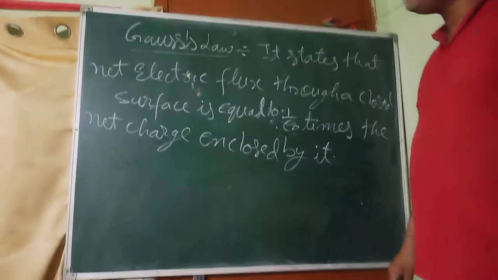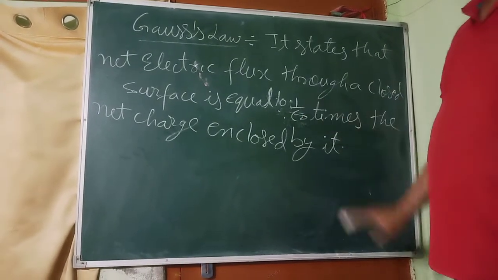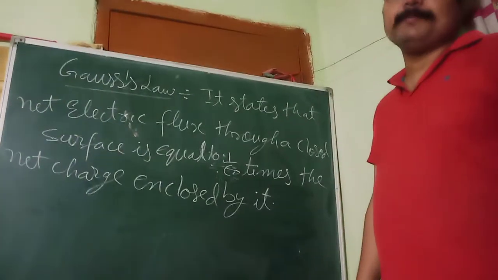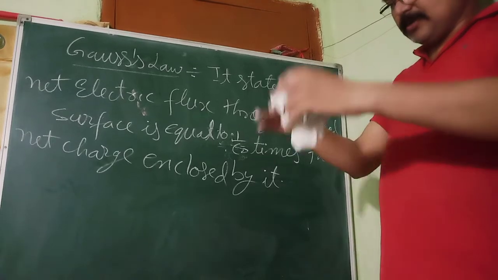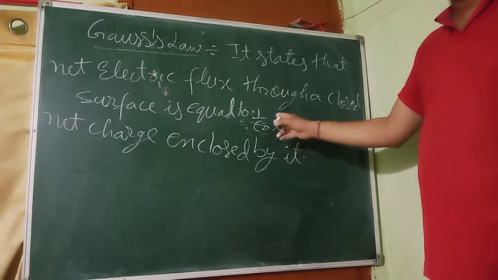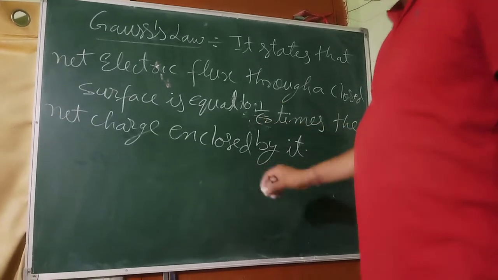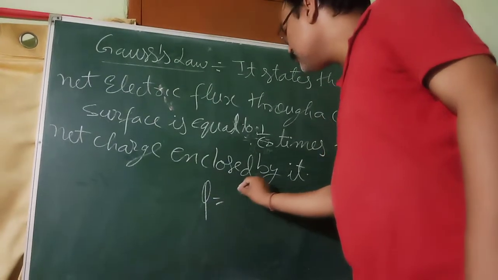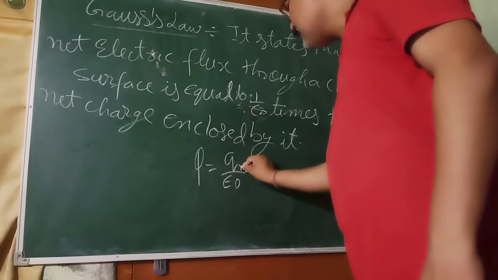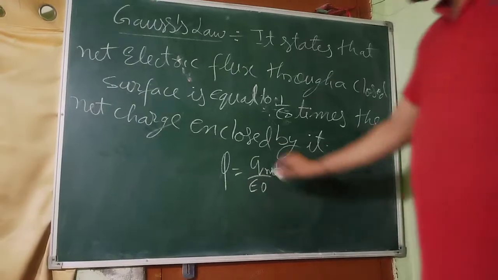Now, if the medium in the closed surface is not free space, then instead of epsilon naught we will have epsilon, the permittivity of that medium. So we can write phi is equal to q by epsilon naught, where q is q net, the net charge which is enclosed. That's what we get from the Gauss law.